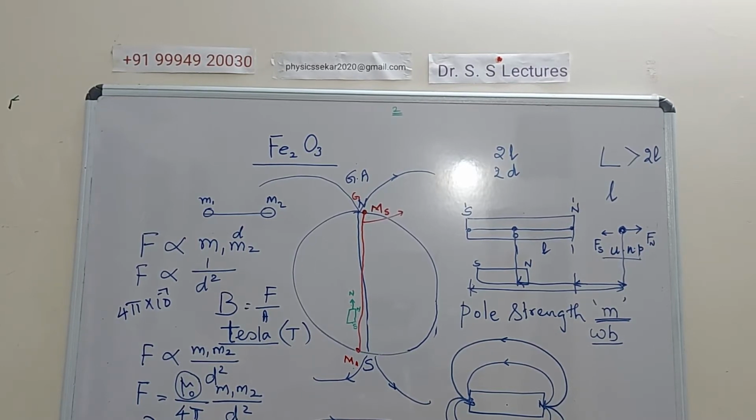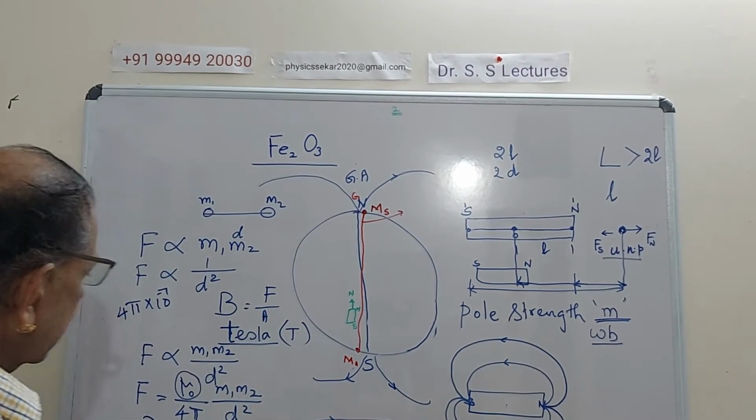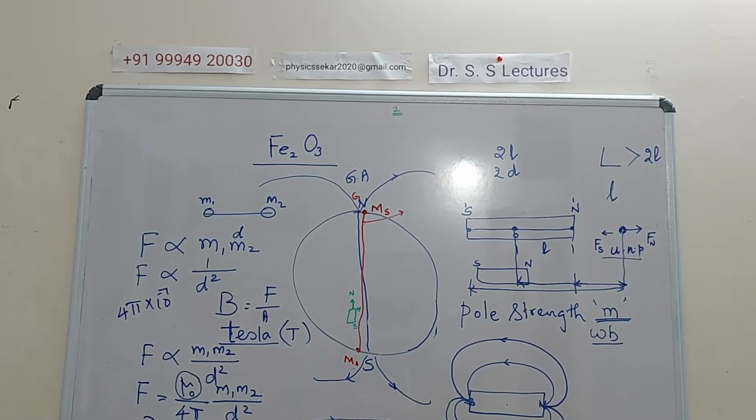So what happens when I place a small magnet here in the magnetic field? I told you the magnetic lines of action start from the north pole, whether it is a linear bar magnet or a U-shaped magnet.